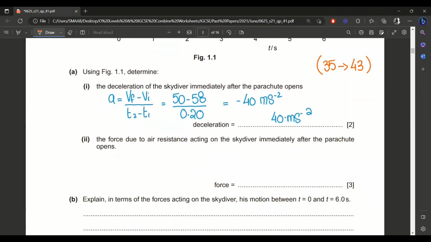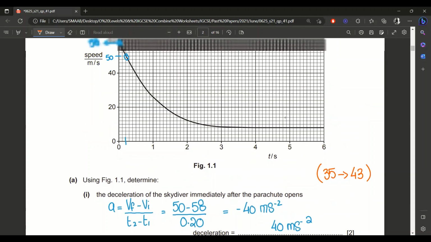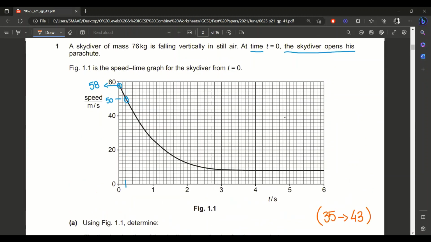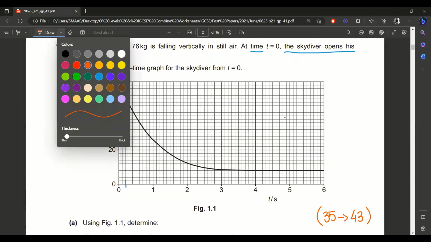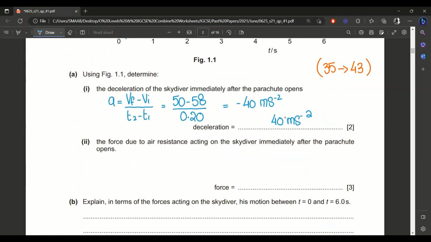Second part: the force due to air resistance acting on the skydiver immediately after the parachute opens. So now we need to find the force. That is very simple. The mass of the skydiver is 76. What is the formula to calculate the force? Mass into acceleration.